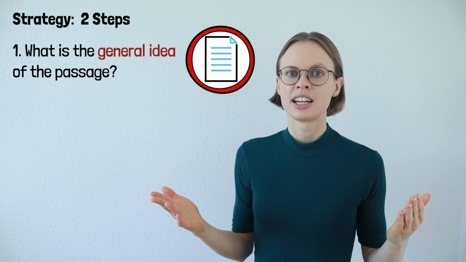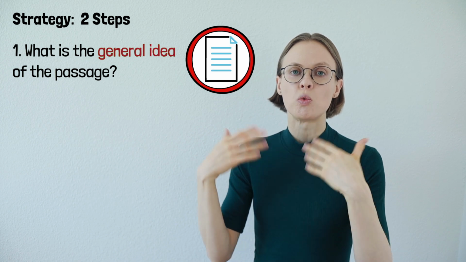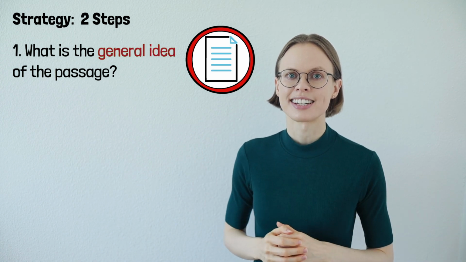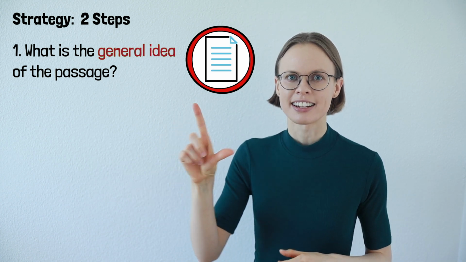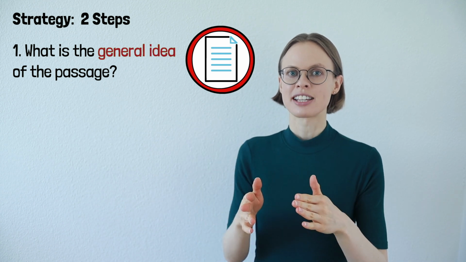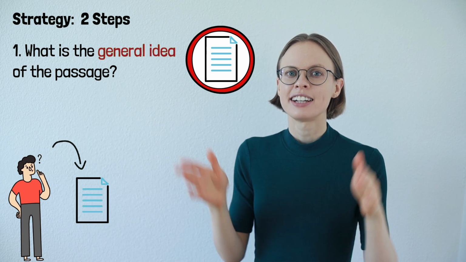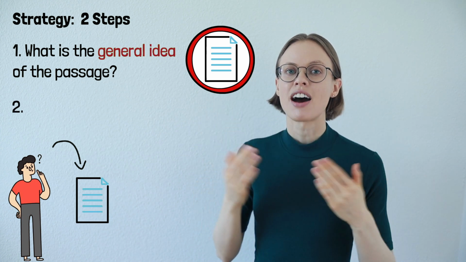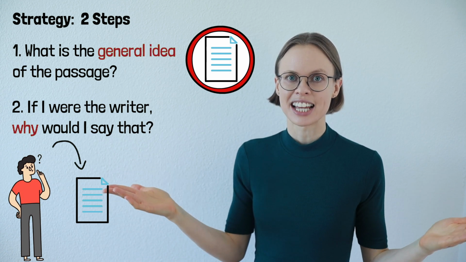If you do that, you know what the writer wants to convey with this passage. So why he writes this passage. Once you know that, you have to go for the second step. And the second step is that you put yourself in the position of the writer. And you ask yourself, if I were the writer, why would I say that?